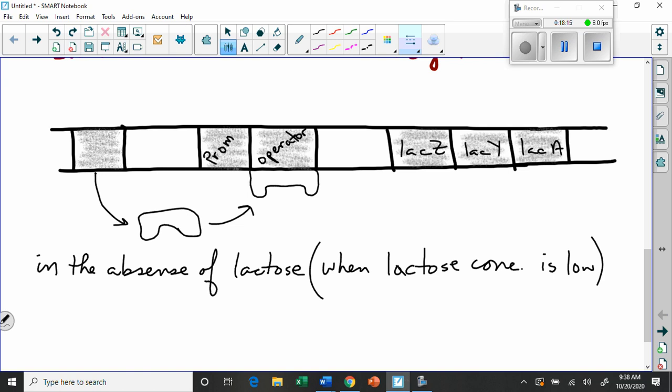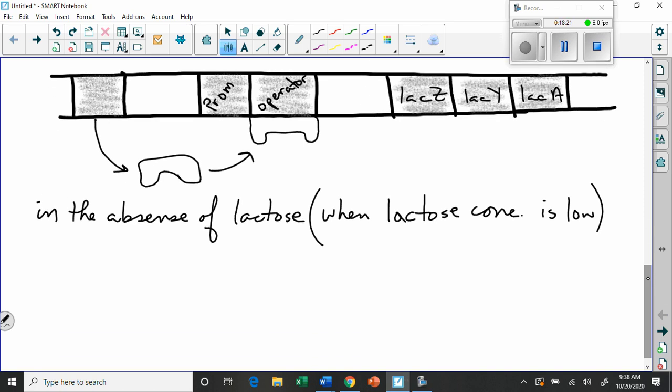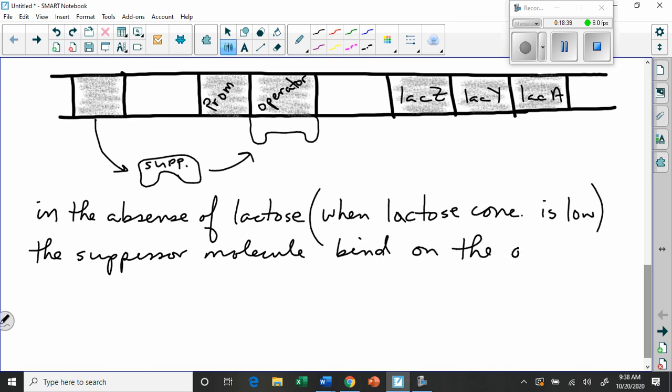When the lactose concentration is low, this suppressor molecule binds on the operator site of the operon.